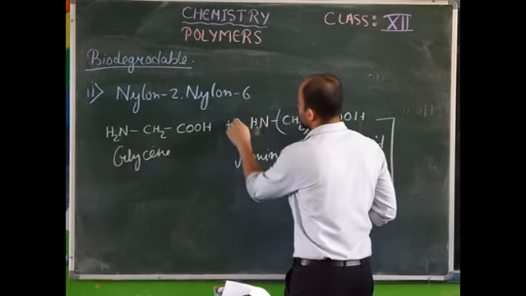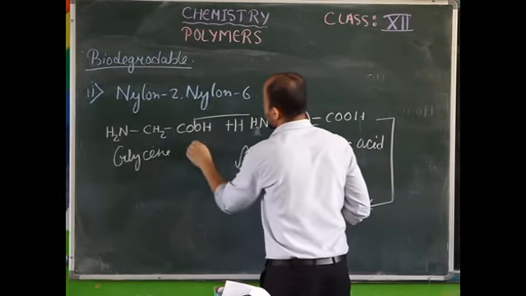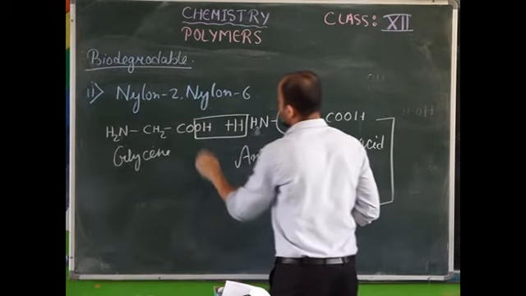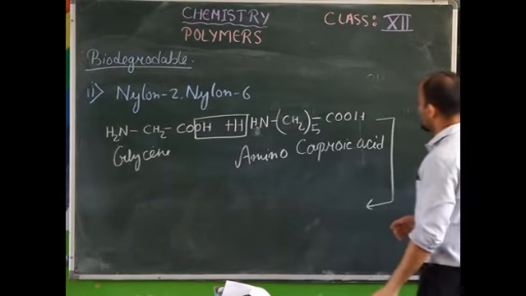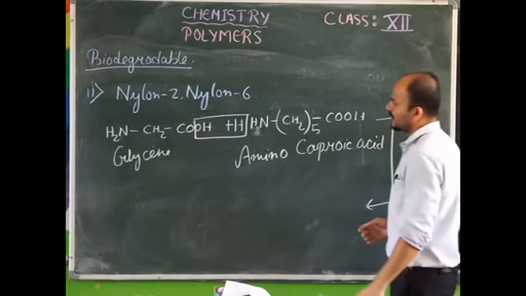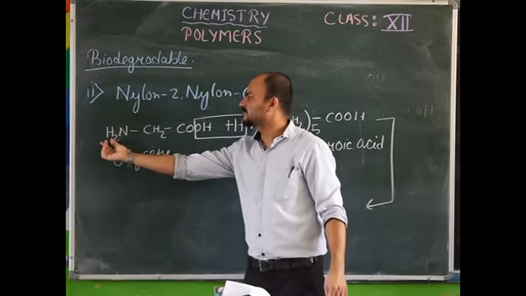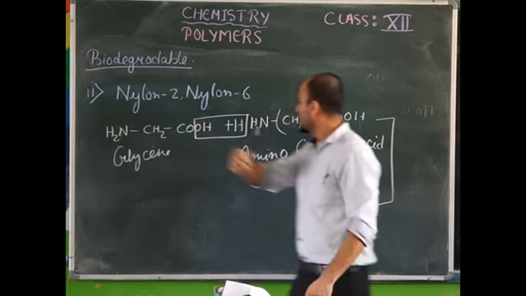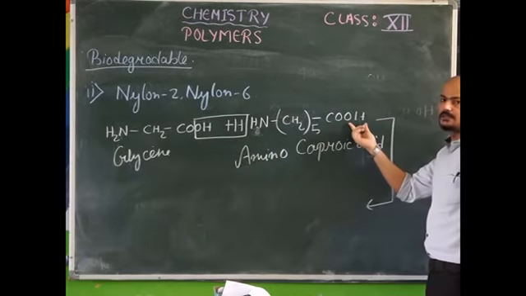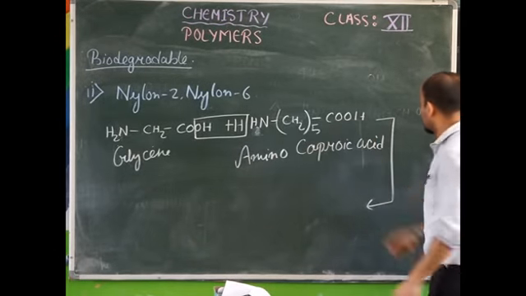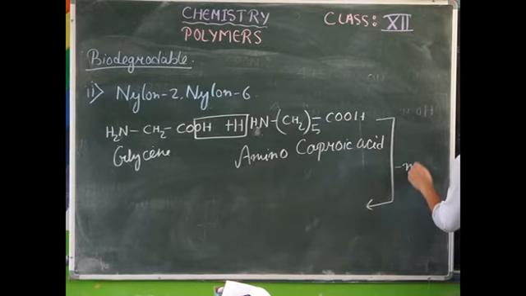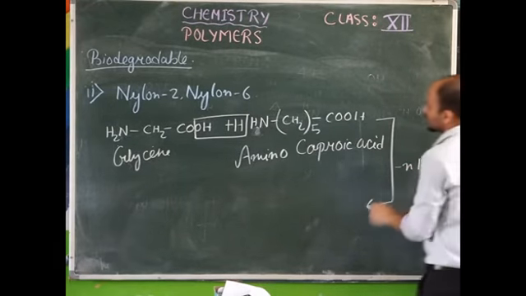So this NH2 can be written as NH. This water molecule will be eliminated, and as in other cases, whenever it has to form the bond, hydrogen from here and OH from here will be eliminated. Therefore, N molecules of water will be eliminated.